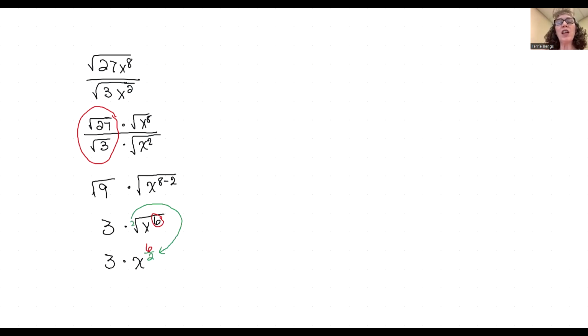So we're going to divide that exponent. When we do that, we're going to get 3, and x to the 6 divided by 2. 6 divided by 2 is just 3. So we have 3x to the 3. There we go, I'll get it right. And that is our final answer. We have simplified that down.